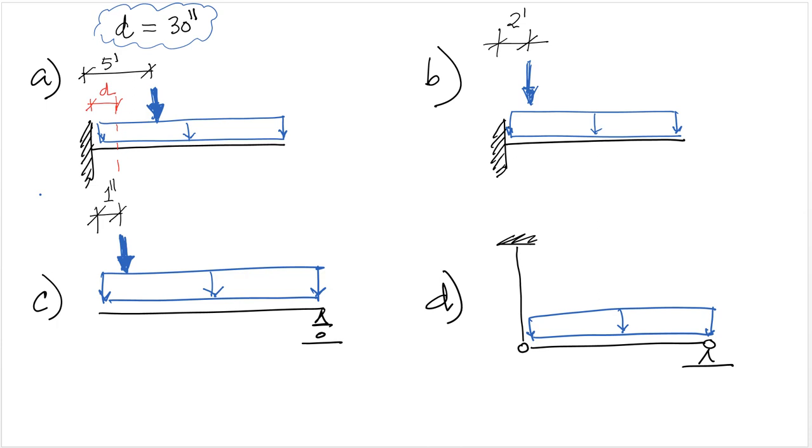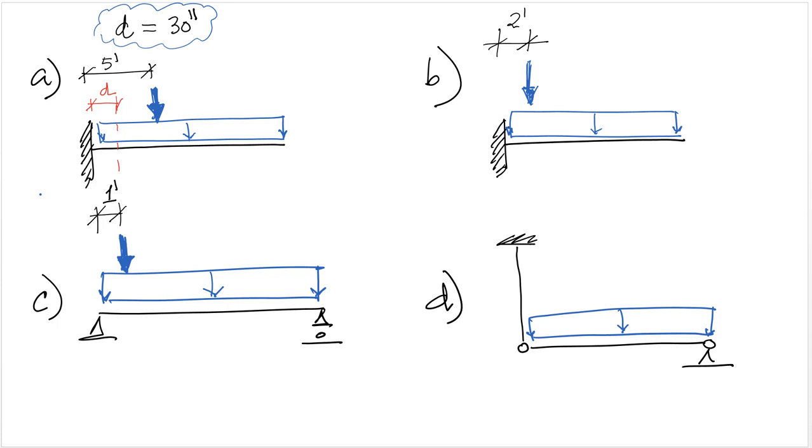In this case here, we have a simply supported beam with a point load 1 foot away from the left support, and that is less than d.